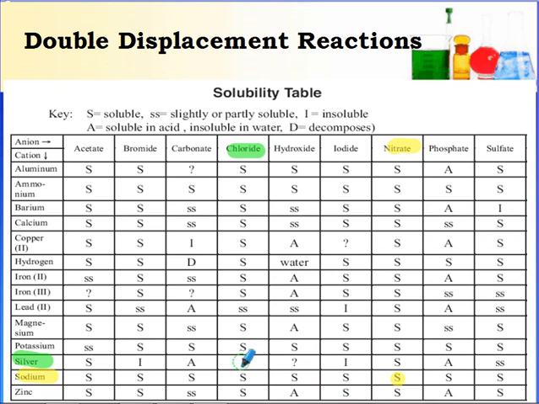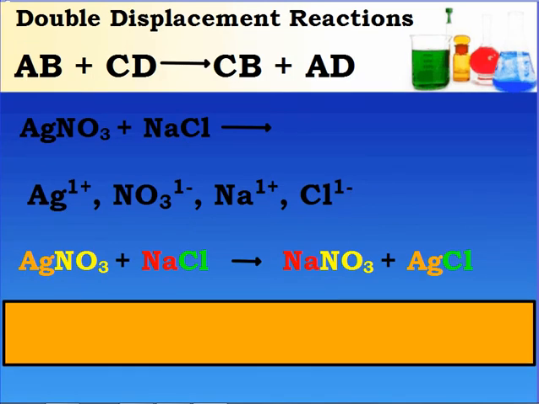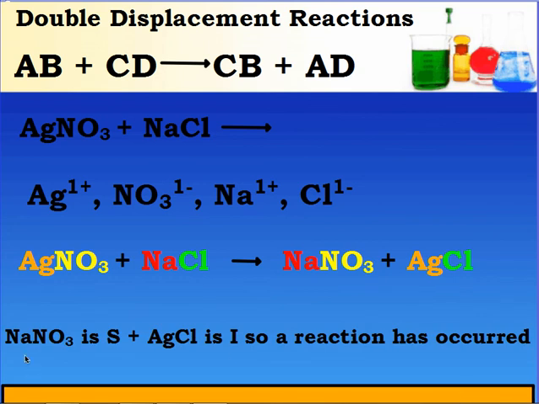Oh, insoluble. So, one of my products is soluble and one is insoluble. So what this means is that this reaction will occur. So sodium nitrate is soluble and silver chloride is insoluble. So this insoluble compound is going to form a precipitate. So yes, indeed, a reaction has occurred.